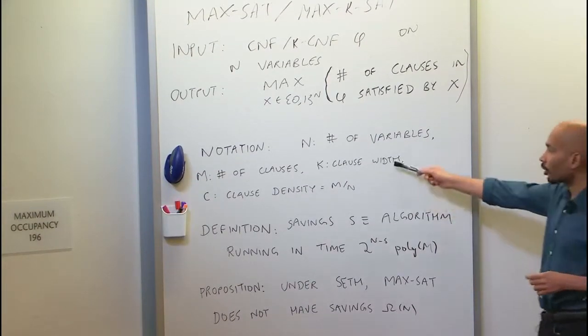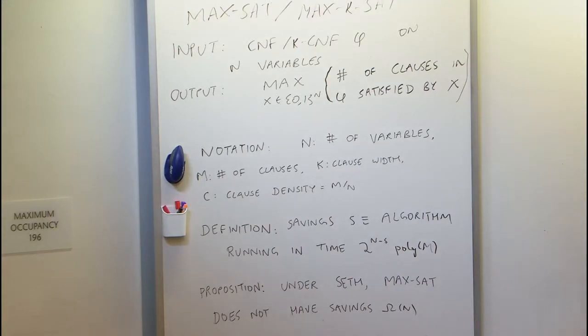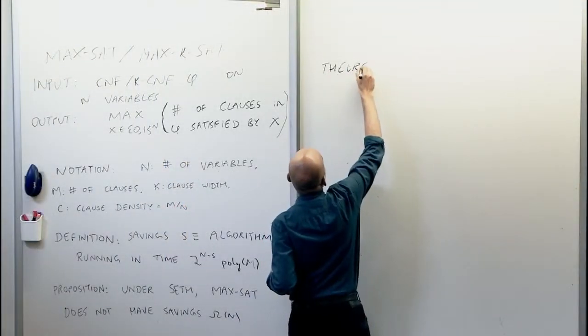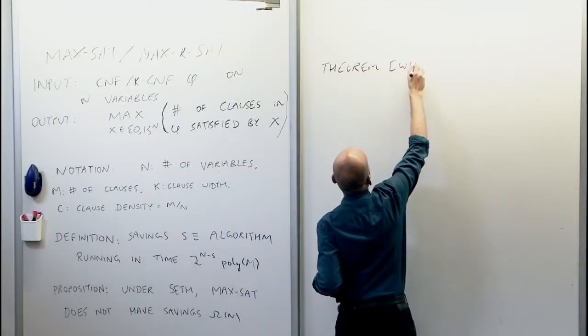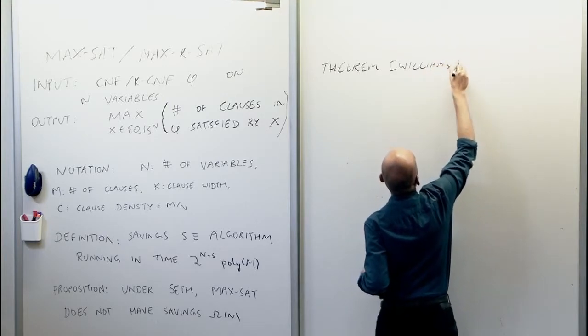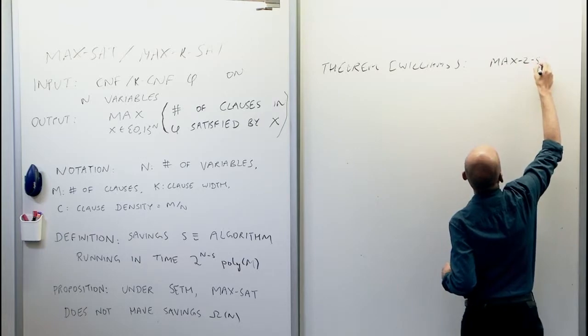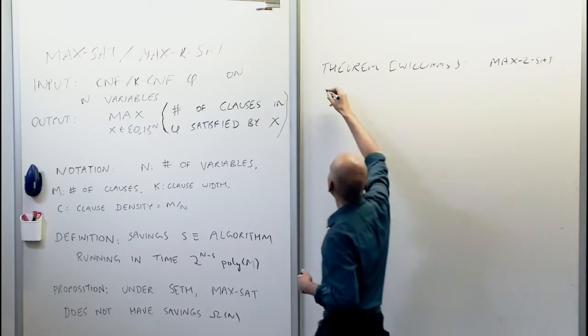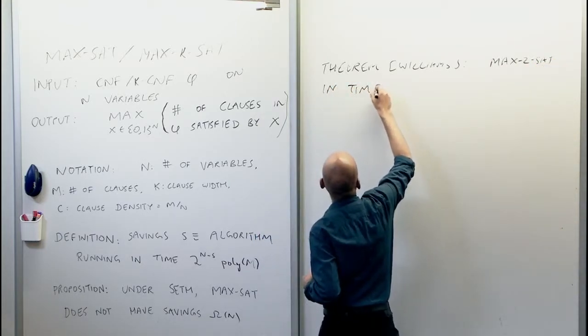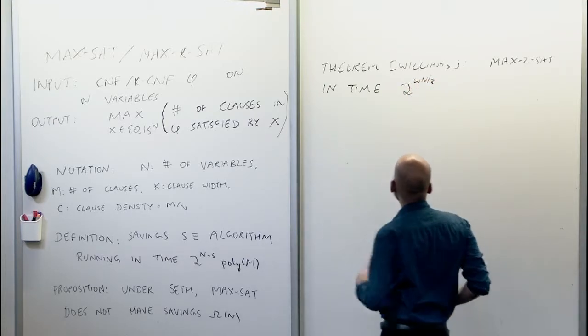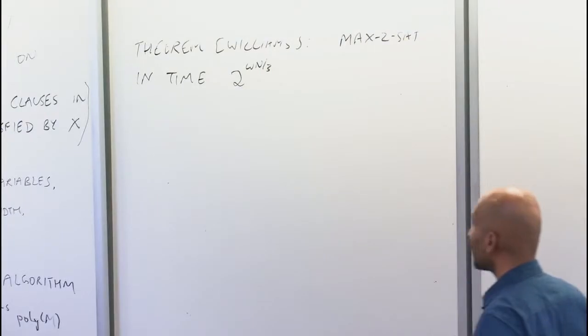One is to actually restrict the clause width. So that's the max k-sat problem. There's a theorem of Williams that max 2 sat is in time 2 to the omega n over 3, where omega is the exponent of matrix multiplication.